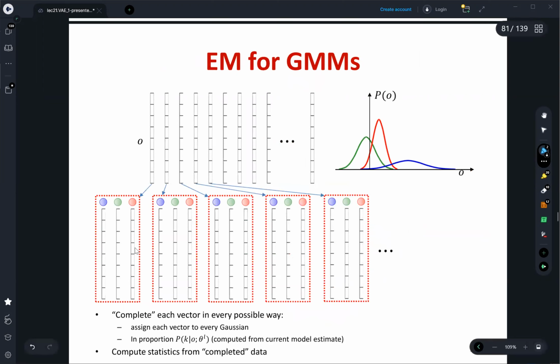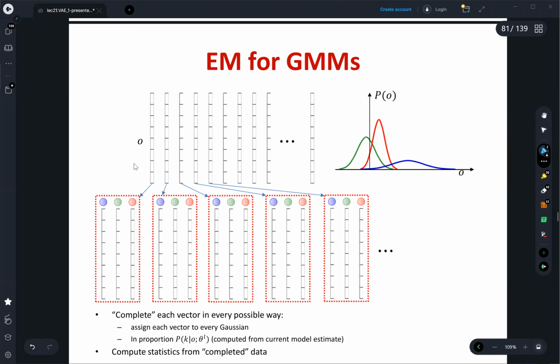Although I'm only showing 3 bars over here, you should assume that this bar with the blue dot represents a large number of copies of the vector, where the number is in proportion to P of blue given this observation vector. Also this one represents a large number of copies, where the number is in proportion to P of green given the vector. And the number of copies here is in proportion to P of red given the vector.